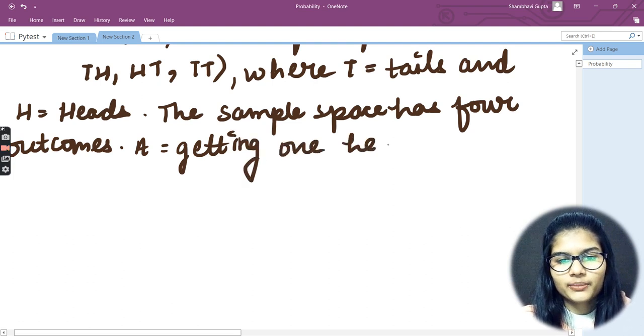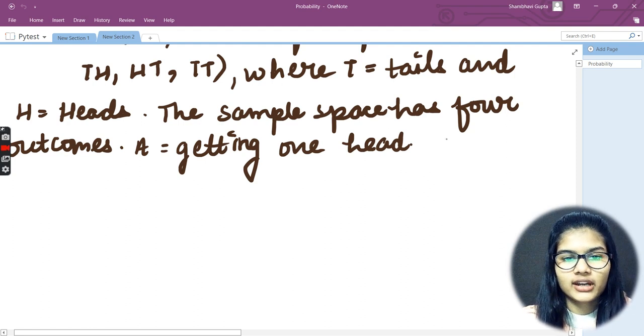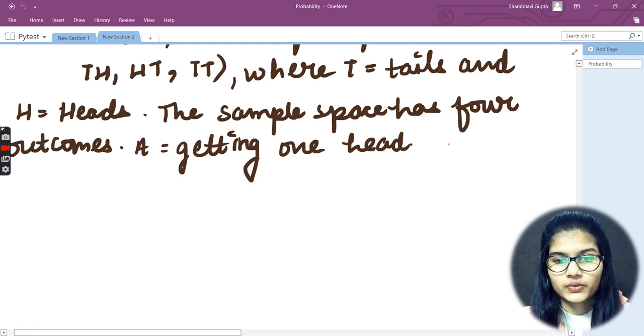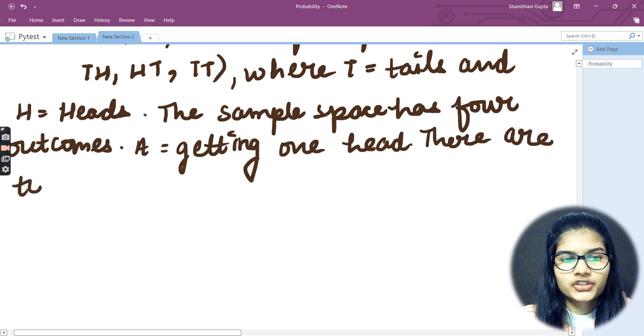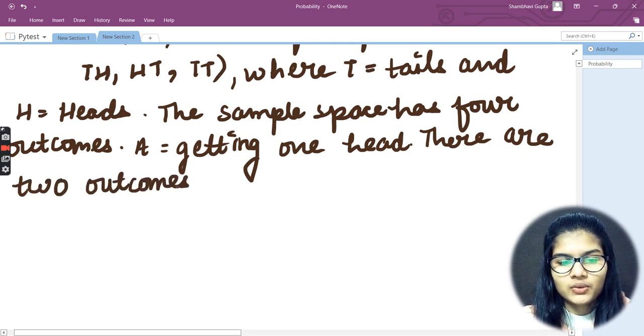So I have to compute the probability of getting one head. There are in total two outcomes which have one head: the first is head-tail and the second is tail-head.